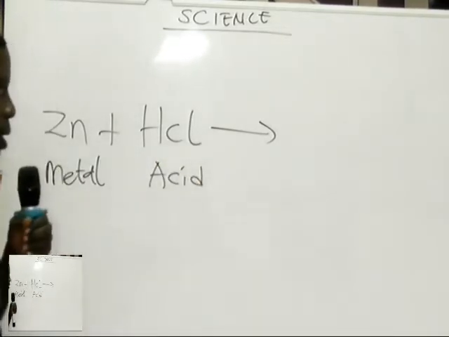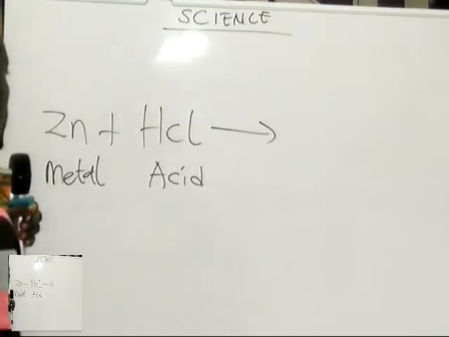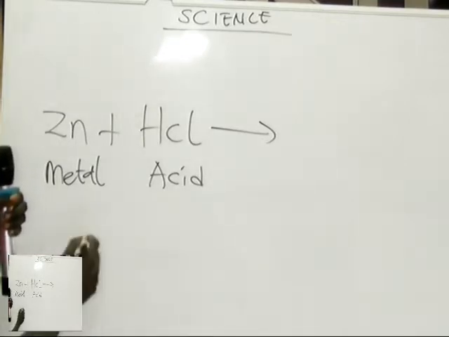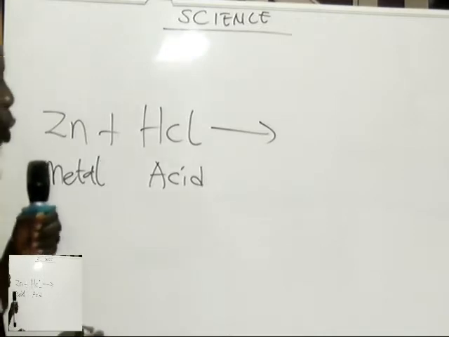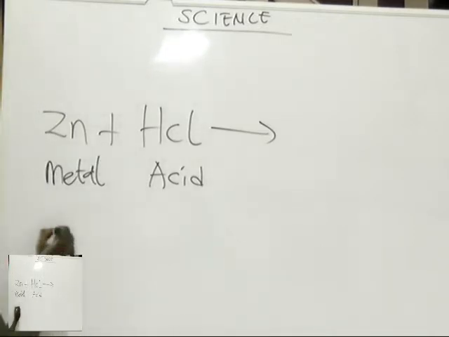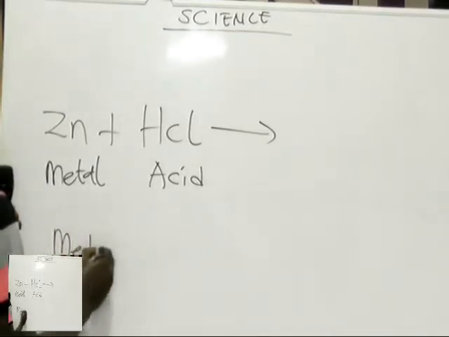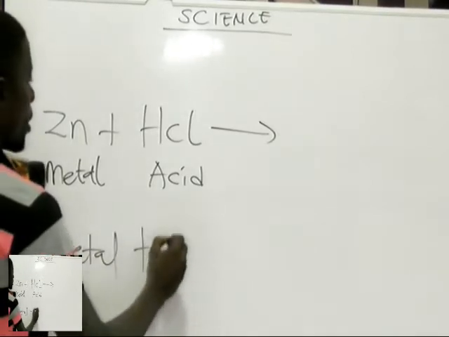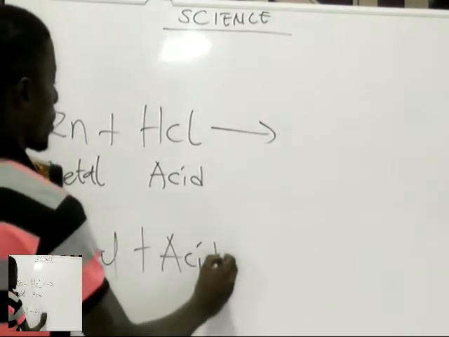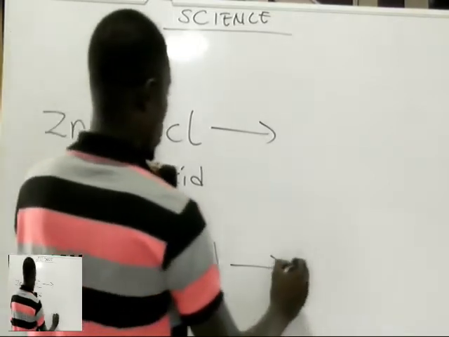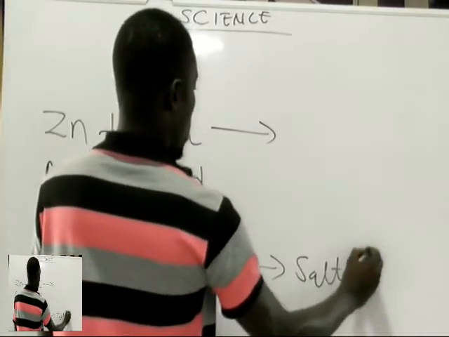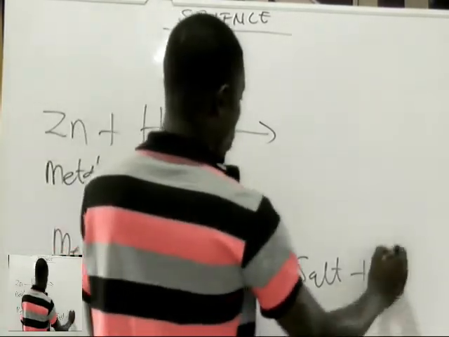Now look at the property. Acid reacts with metal to produce salt and hydrogen gas. So here we have metal plus acid. The product, we get salt plus hydrogen gas.